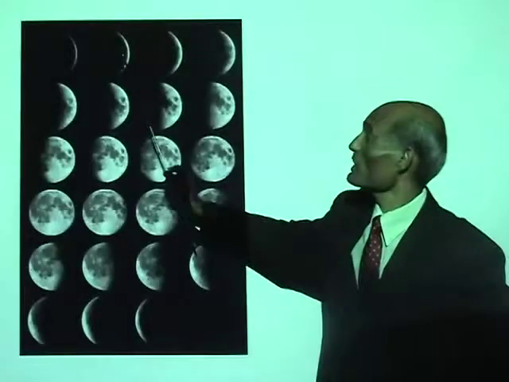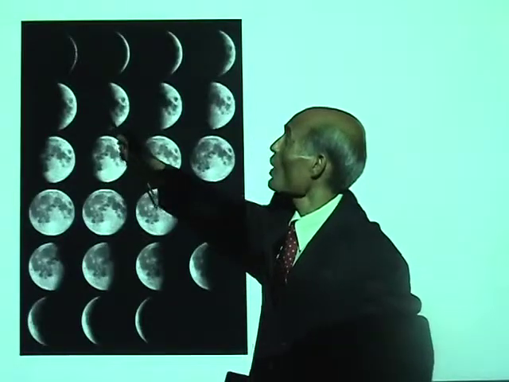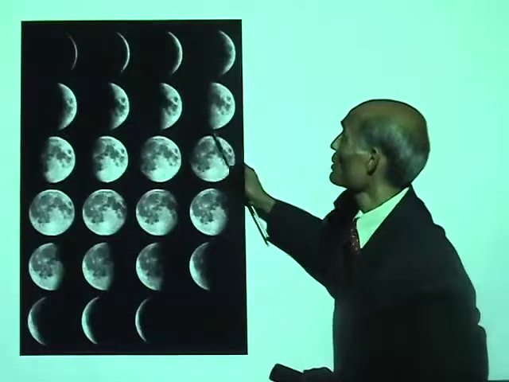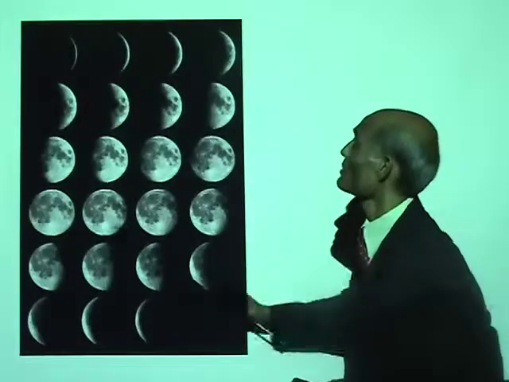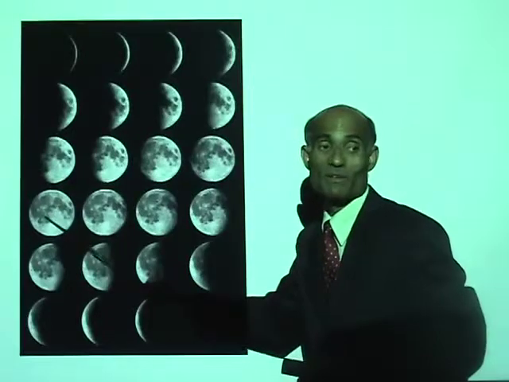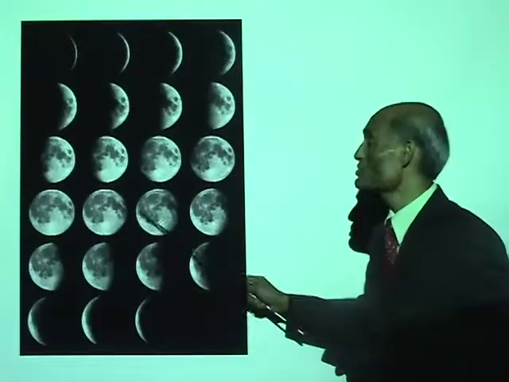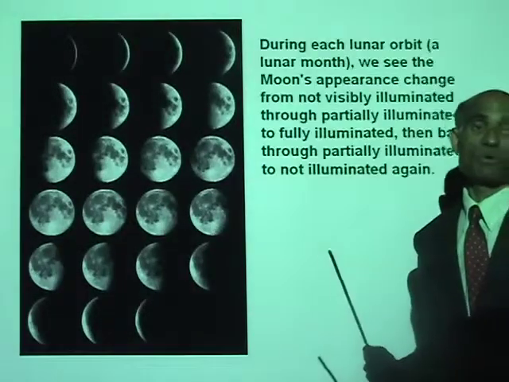Alright, here I have a picture. You can see the portion of the moon surface illuminated increases, increases, increases until we get the full moon, and then it decreases until we have the new moon.